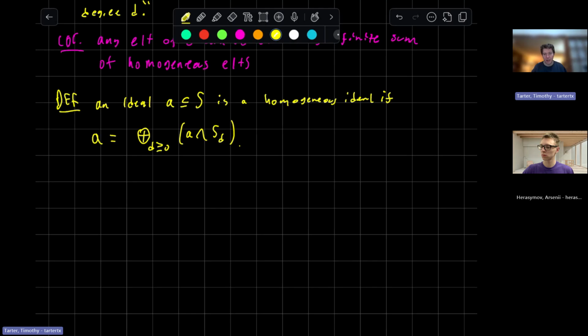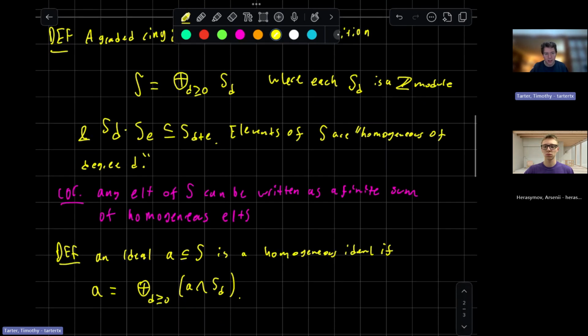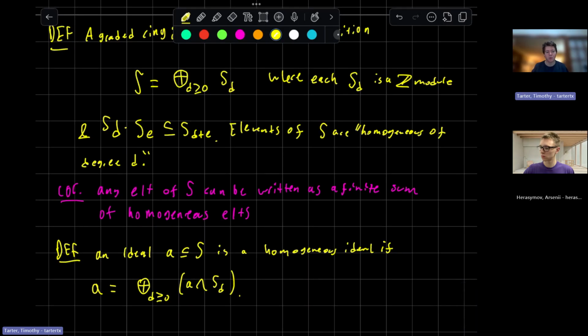So again, we're taking S to always be a graded ring. And because of that, we have this decomposition. And so we're really saying this is A intersect the direct sum of the S_d's.